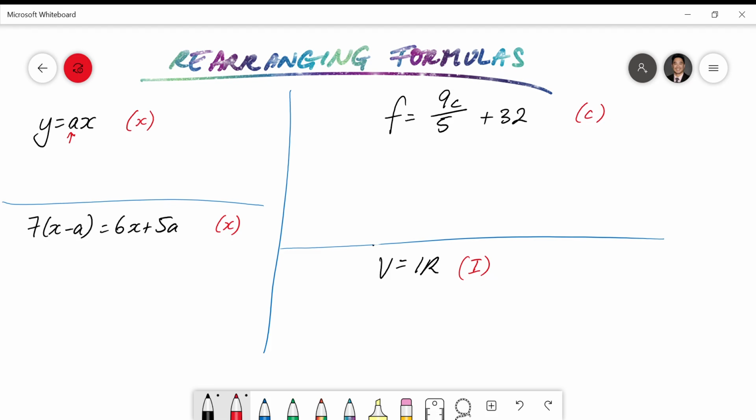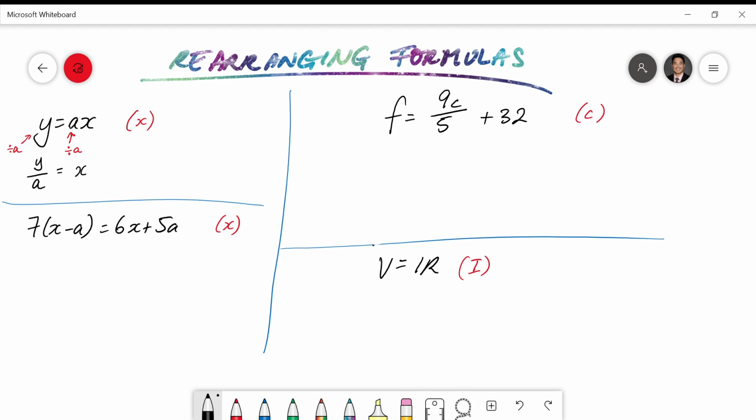The a is multiplied to the x, so to remove it, we do the opposite by dividing by a. In balancing equations, we do the same thing to both sides. So divide both sides by a, and we end up with x equal to y divided by a. With that particular question, it only involved one step.